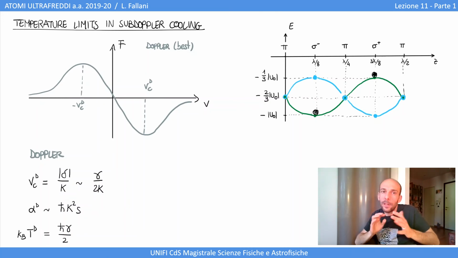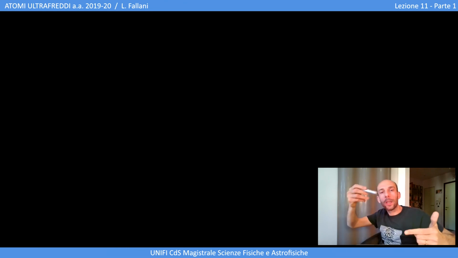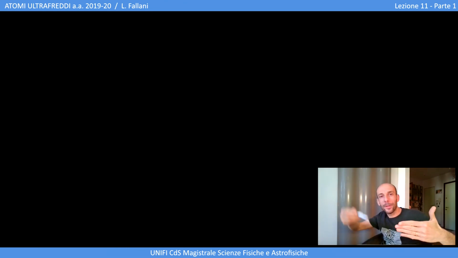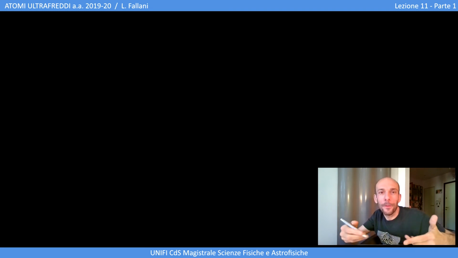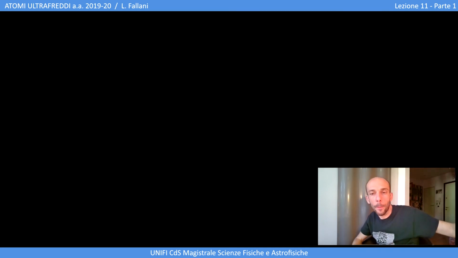But this is kind of easy to understand. When we introduced the idea of Sisyphus cooling, we referred to this ideal situation in which the atom basically moves by a distance lambda over 4 before absorbing a photon and before being pumped to the other internal state. And then we assume that, after this loss of energy, it could move by another distance lambda over 4 before a new absorption, spontaneous emission event, and so on.